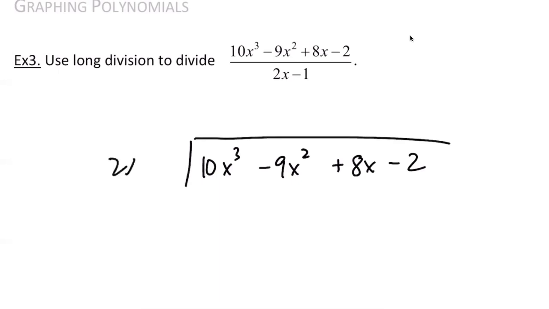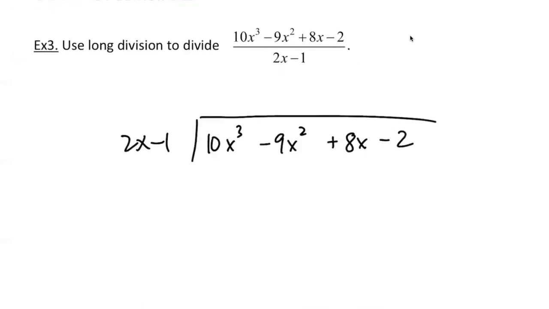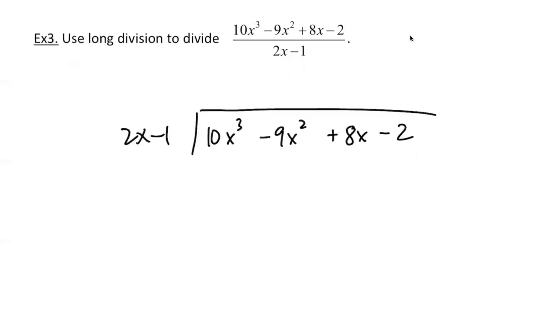Okay. So 2x minus 1, nice. So we just go ahead and ask questions. And by the way, it's very important that you ask questions in your head. Instead of telling your head what to do or telling your hand what to write, it's more important to ask questions. So we are like, 2x times what? It's 10x cubed, huh? That would be 5x squared.